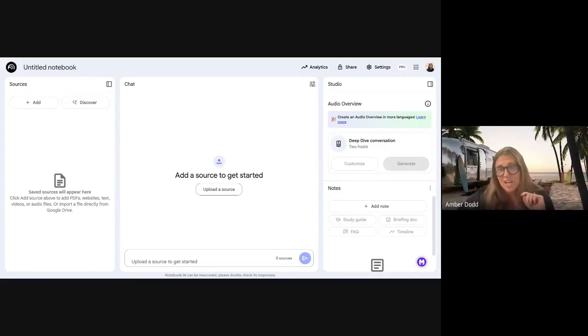Oftentimes students hate that more than writing the essay, because they're having to edit, revise, find those sources and fact check it. But I think it could be a really great way to think about the skills that we want students to learn when we're looking at assessments.